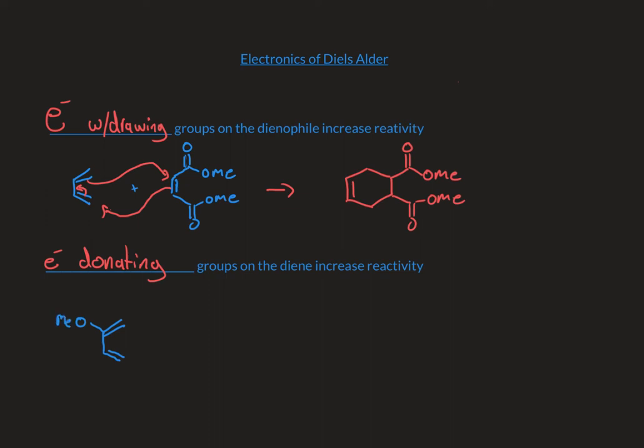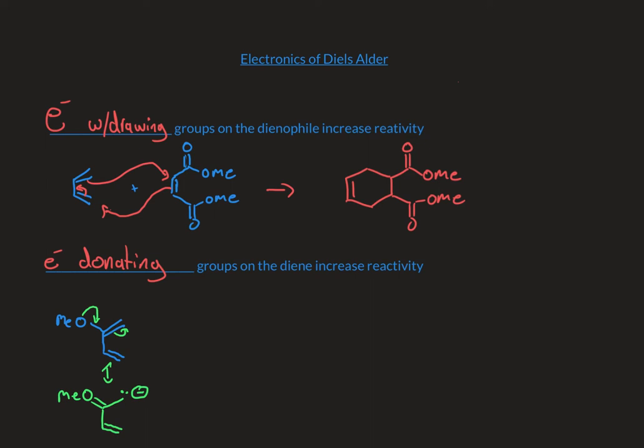And remember that while oxygen is electronegative, when it's connected to a carbon with an alkene, it's an electron donating group through resonance. So I can have resonance here by kicking those electrons down, and I form this resonance structure. And so that makes this an electron donating group.